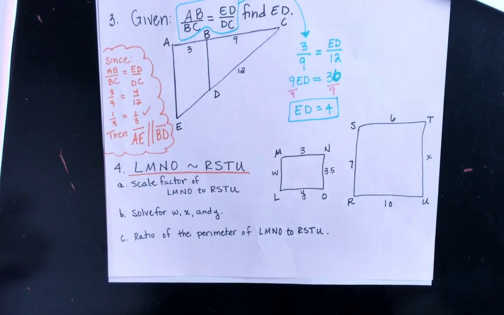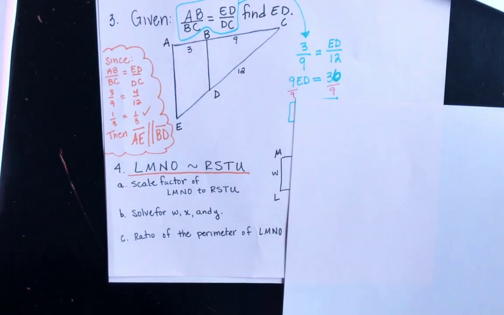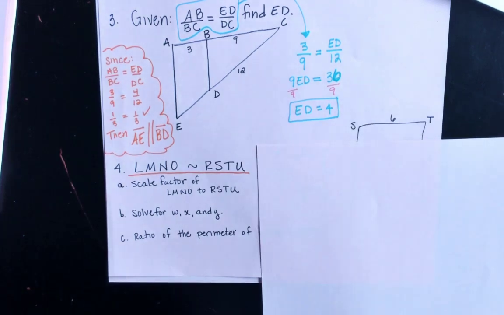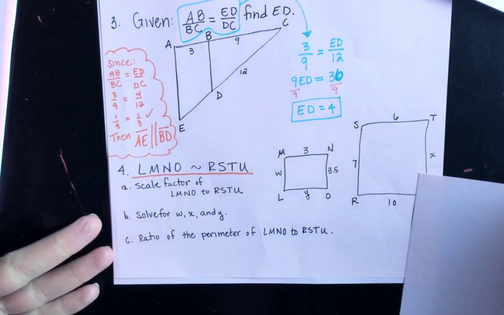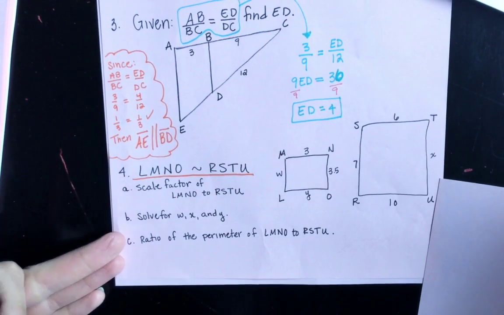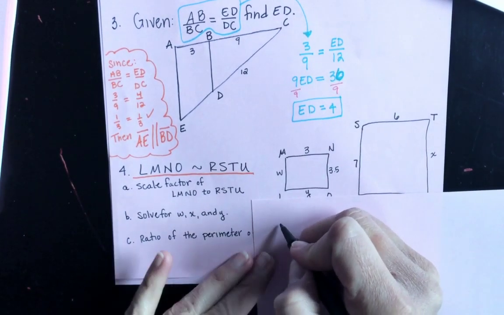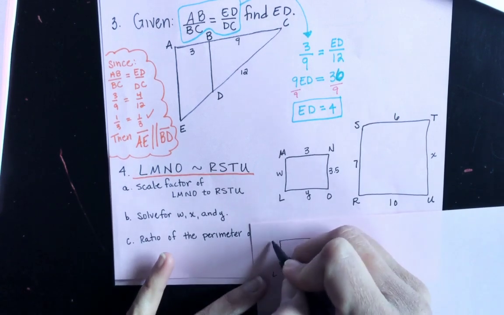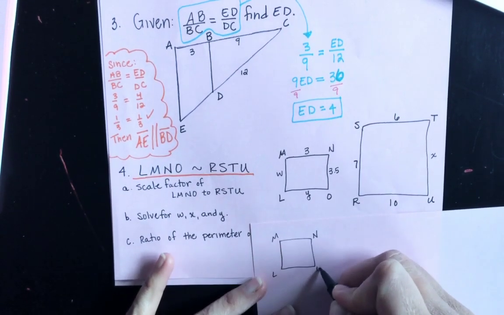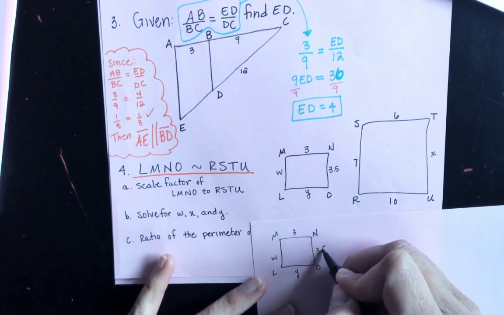In order to help with this, I'm going to work the problem out again on a separate sheet of paper, so that we can keep track of all of this work, because some of you are still cramming a lot of stuff into a little bit of space. So I'm going to redraw LMNO, with W, Y, 3 and 3.5.